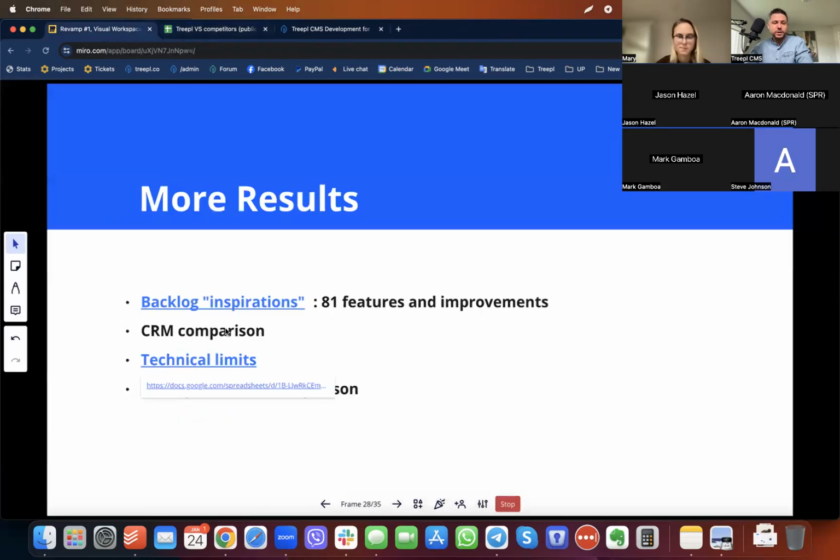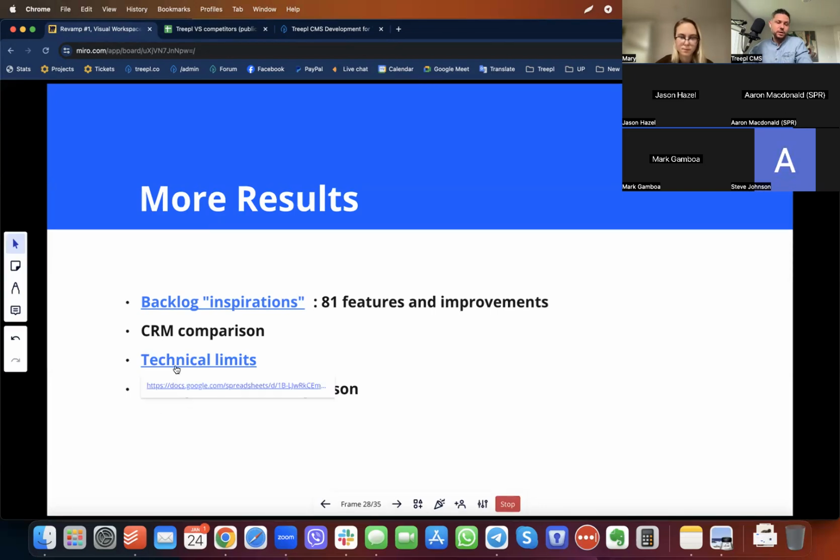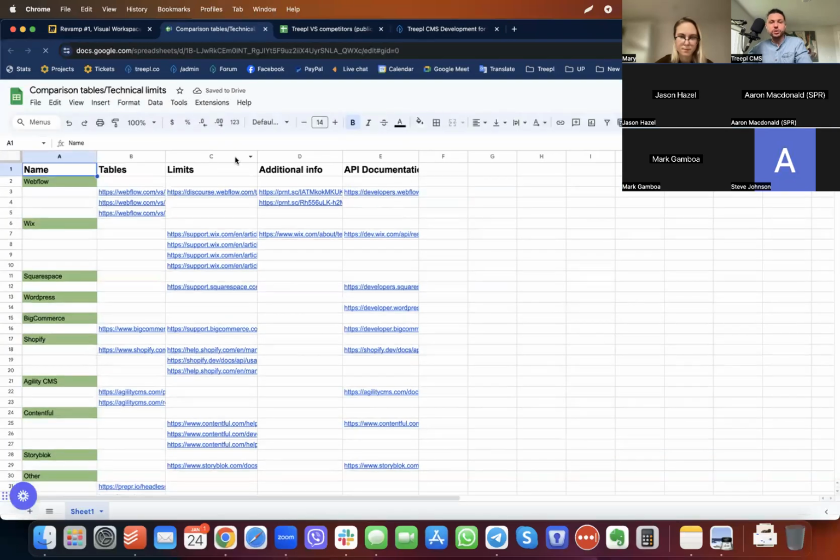Okay, next thing is the CRM comparison. It was one of the main discoveries. We were surprised to see how much our CRM is capable of compared to other platforms. Technical limits is another thing that allowed us to see the limits of the other platforms and compare them to ours and evaluate our infrastructure and architecture capabilities.